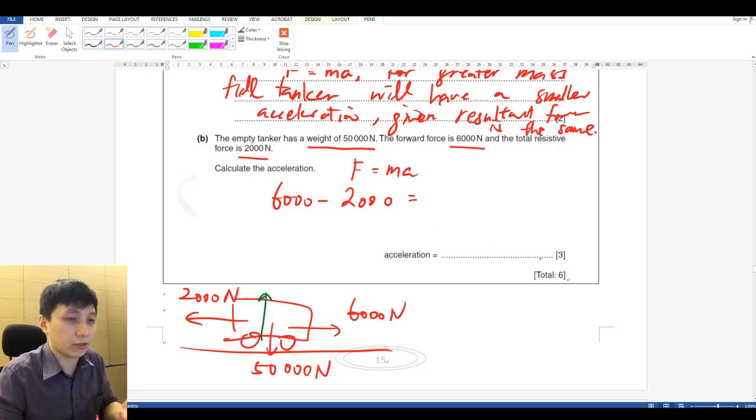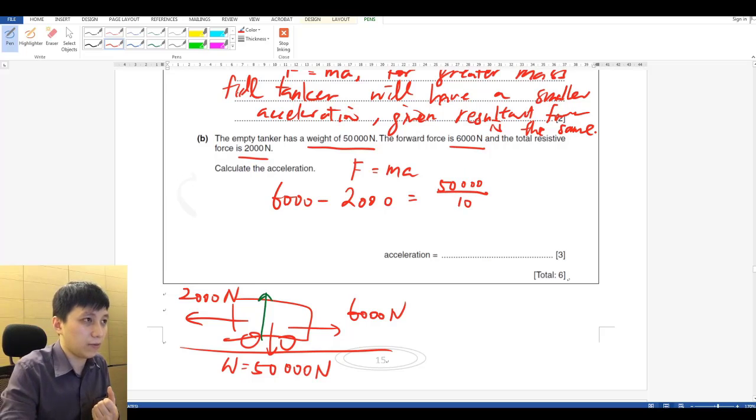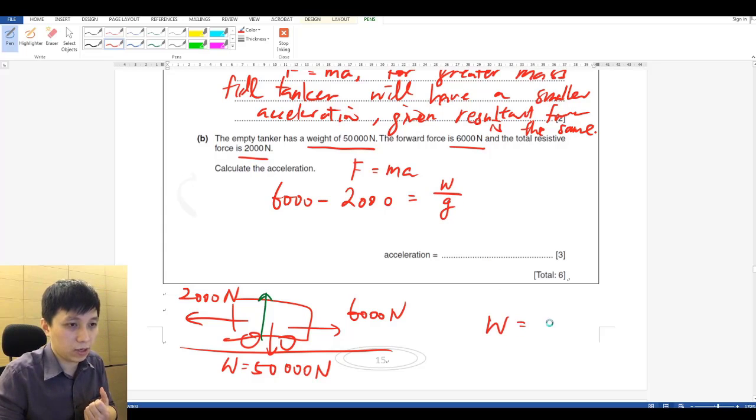Mass, you don't actually know from the question, but you can take it from the weight, because weight is 50,000, and so for the mass you can do 50,000 divided by 10, or you can do weight over g, because weight equals mg, and so weight over g equals m.